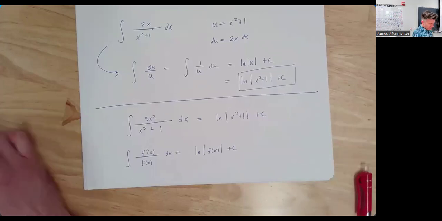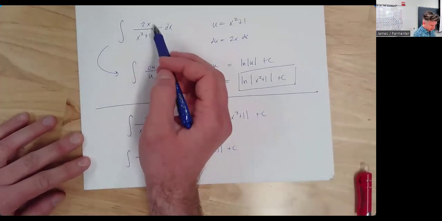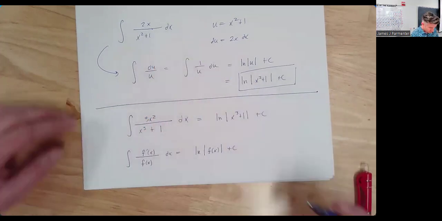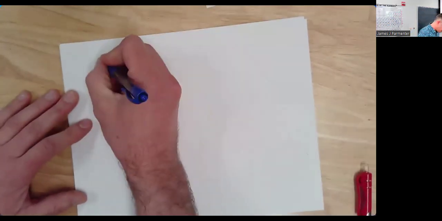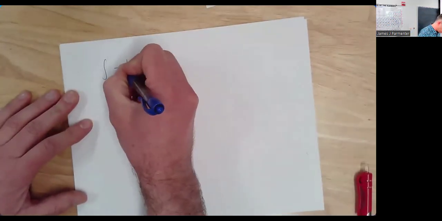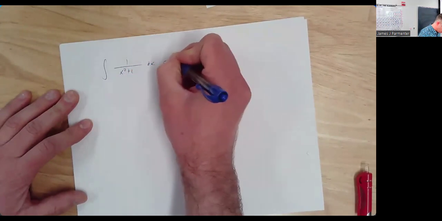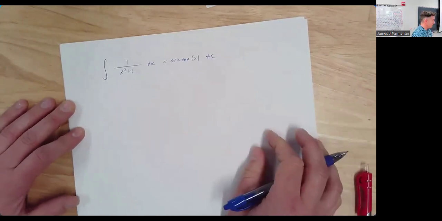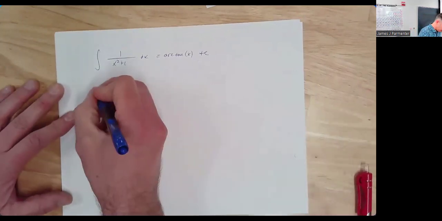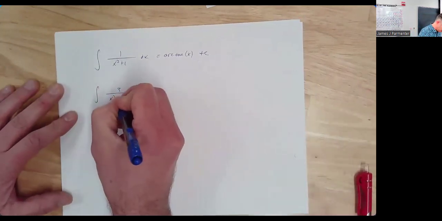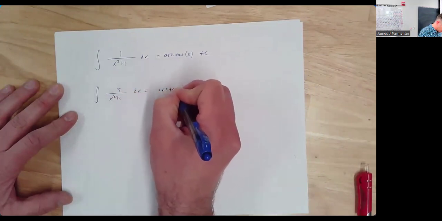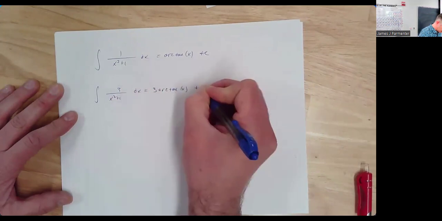But I really want to point out this integral here is not 2x times arctangent of x. It is certainly true that the integral of 1 over x squared plus 1 is the arctangent of x plus c, and you can throw in any constant you like. If it was the integral of 3 over x squared plus 1, that's going to be the arctangent of x times 3 plus c.